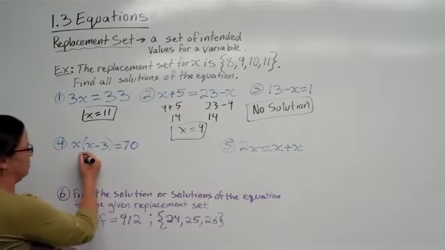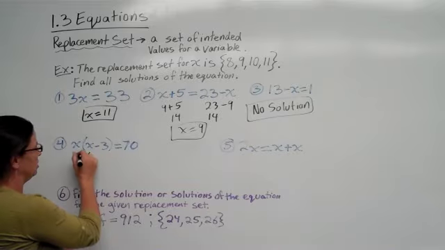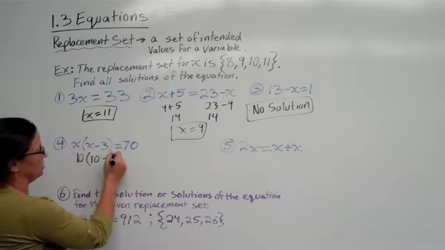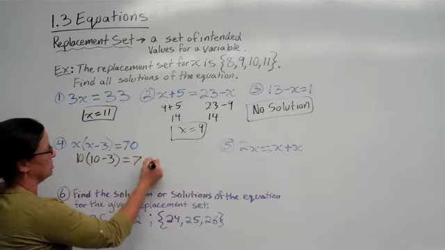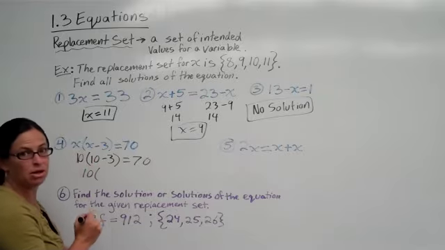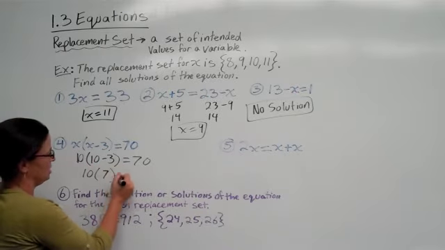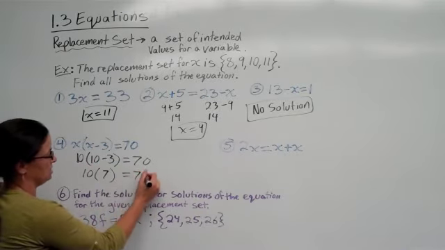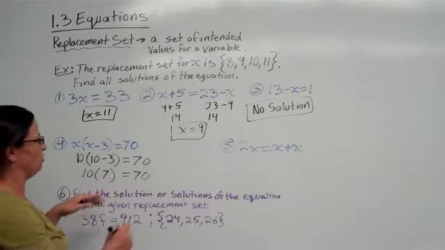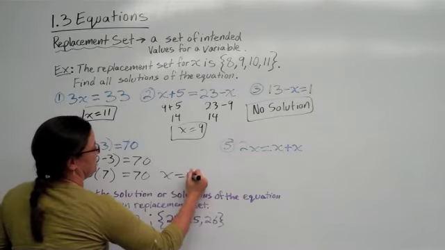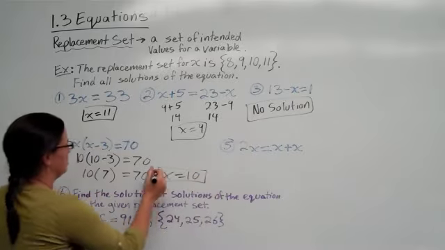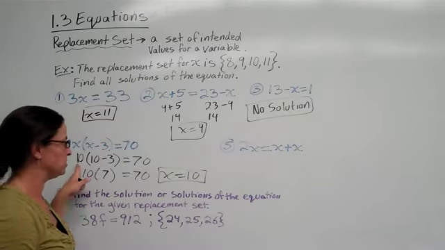Let's check. If I plug in a 10 here and multiply it by 10 minus 3, will that equal 70? Well, yes, because 10 minus 3 is 7, and 10 times 7 is 70. So my replacement set here is x equals 10, because when we plugged in 10, it worked.